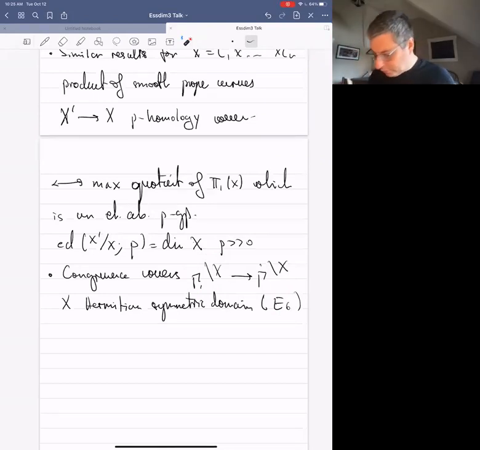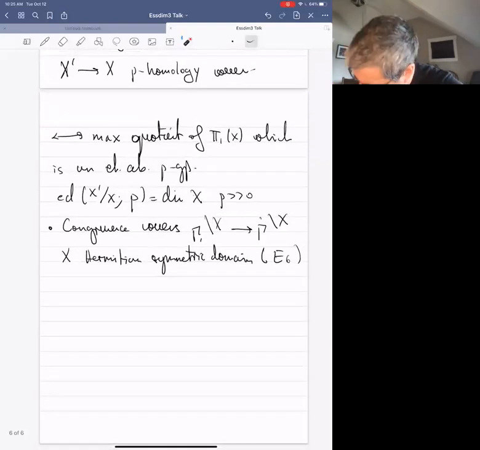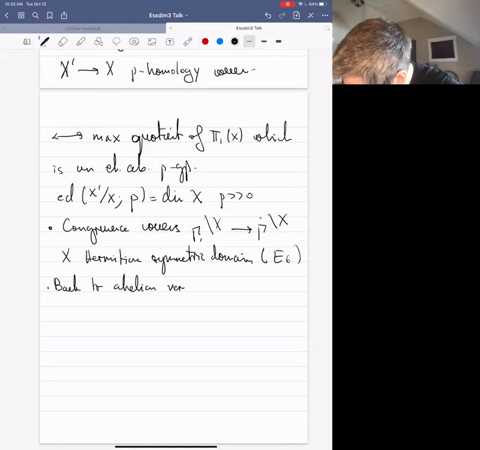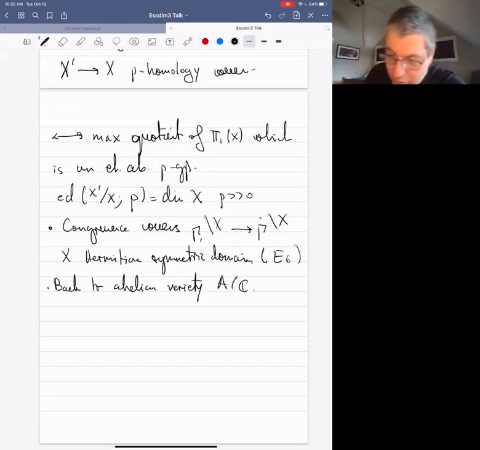All right. So now let's go back to our abelian variety A over C, or over an algebraically closed field. That's also fine. And let me explain the proof idea.